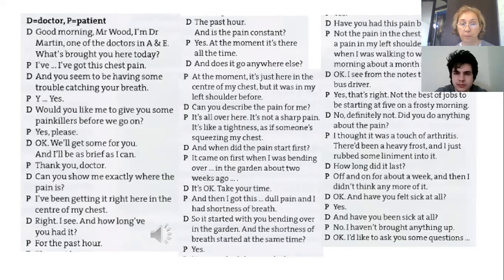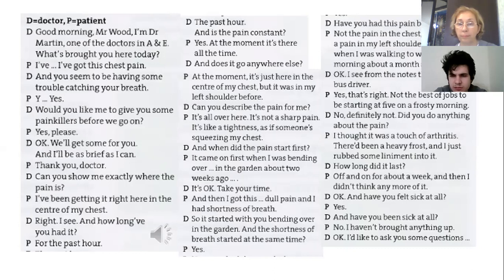Yes. Have you had this pain before? Not the pain in the chest, no. I had a pain in my left shoulder and arm when I was walking to work one morning about a month ago. Okay. I see from the notes that you're a bus driver. Yes, that's right. Not the best of jobs to be starting at 5 on a frosty morning. No, definitely not. Did you do anything about the pain?